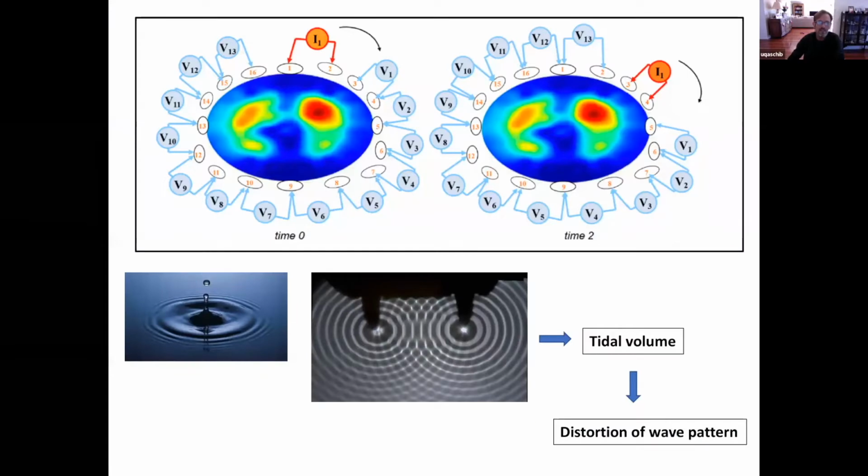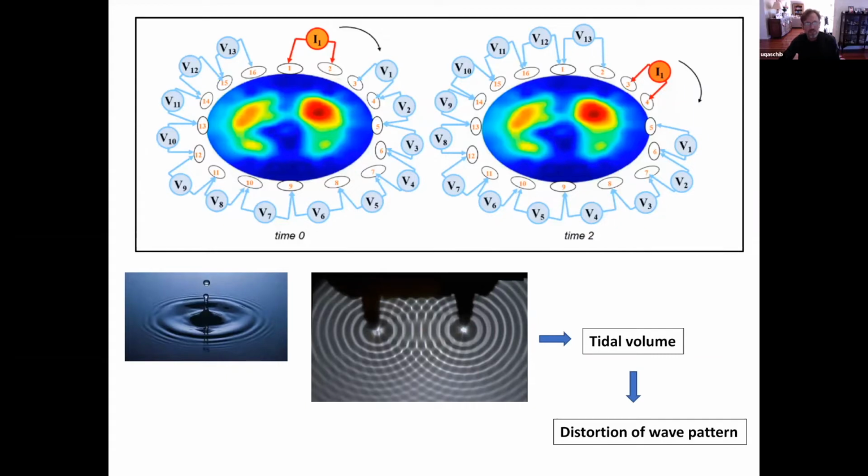So EIT is, in very simple terms, for those who do not necessarily have a huge mathematical and physical background, nothing else than an injection of voltage inside the chest. Depending on the system, we have a 16 electrode system with electrodes placed around the chest.